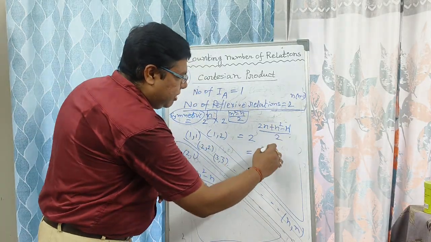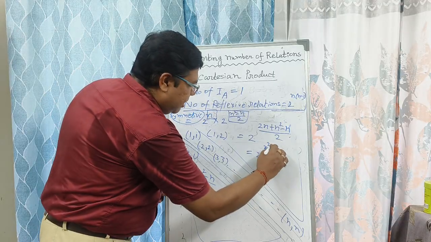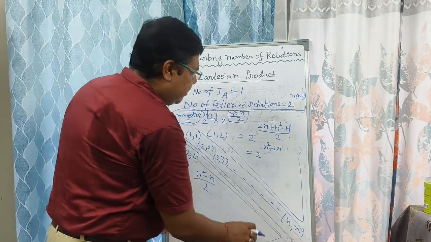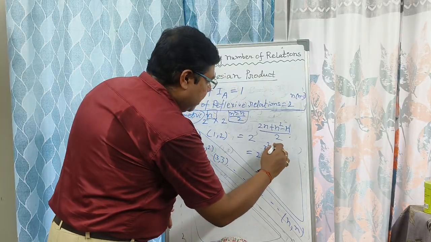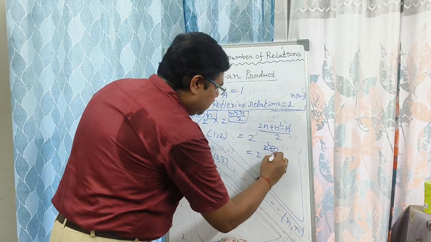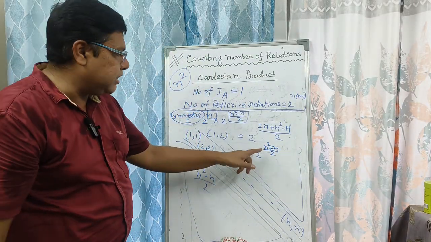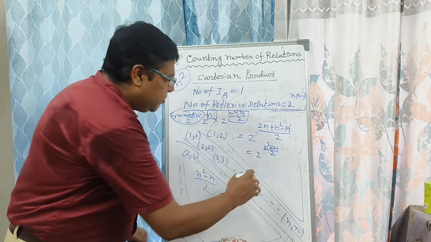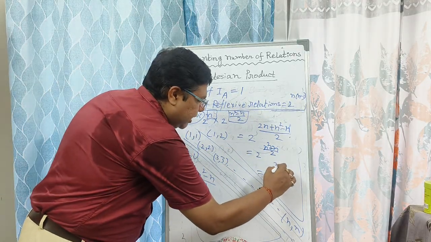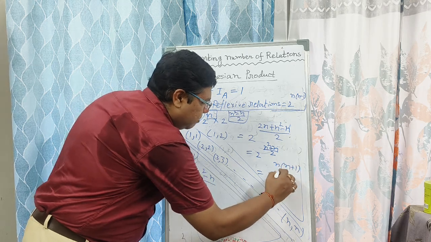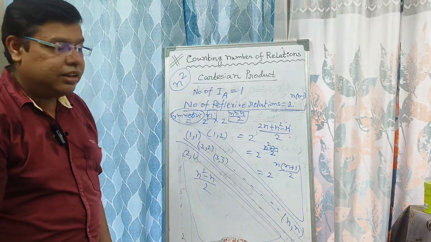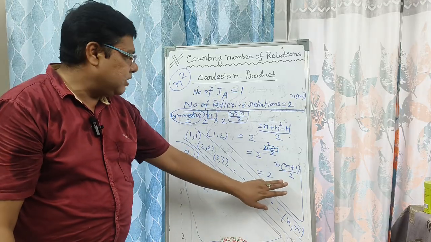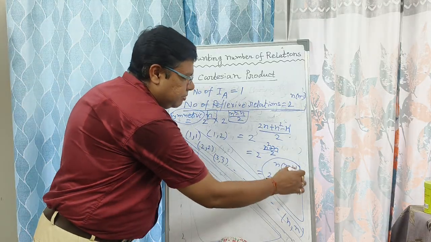If I simplify it, here I am getting n square plus n by 2. Clear? 2 raised to the power n square plus n upon 2. If I take n common, then n into n plus 1 by 2 is coming. It is the sum of natural numbers thing. So this is the number of symmetric relations.